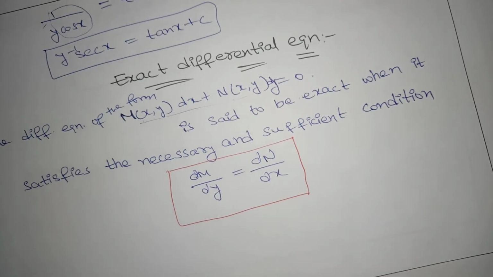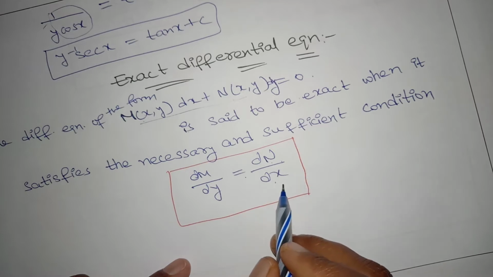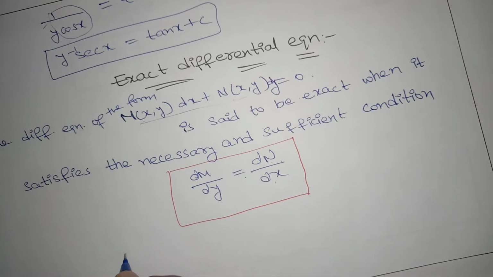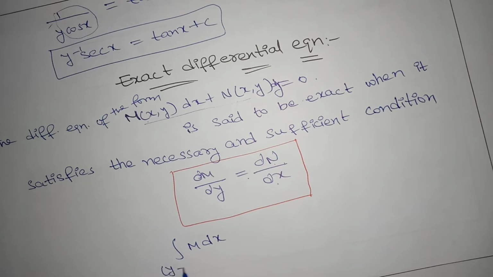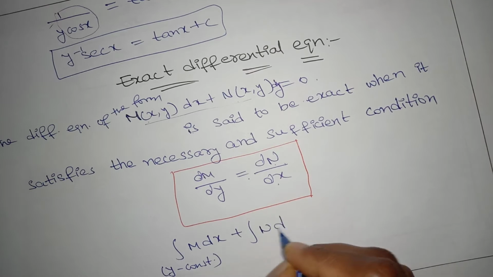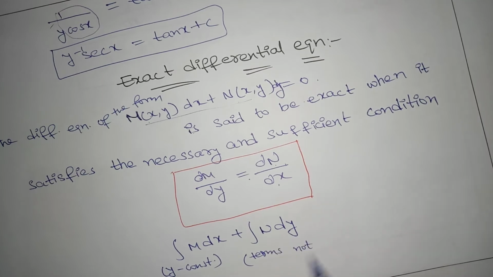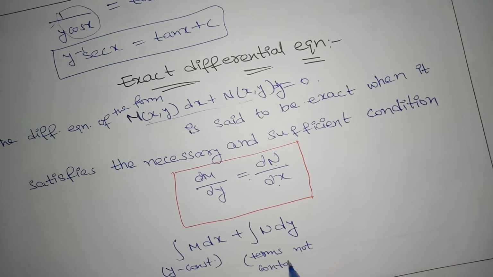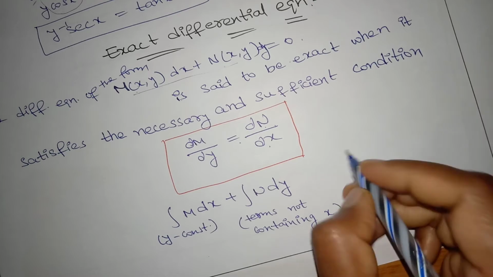Now if dou M by dou y equals dou N by dou x, then only the differential equation is said to be exact. Then the solution of this differential equation is the integral of M dx, where y is constant, plus integration of N dy, taking only the terms not containing x, equals c.